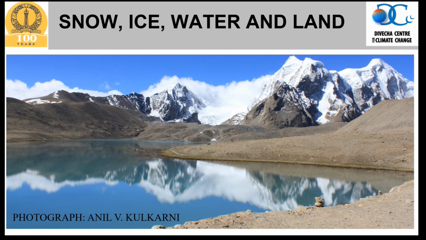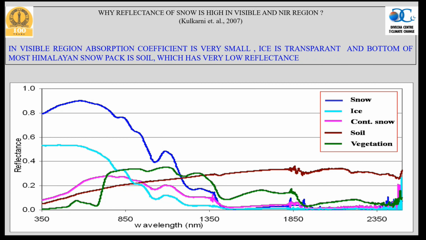On one hand, we have water, you have land, and you have snow. They look quite different, and obviously they will have different reflectance characteristics. We will try and look into that. So in the visible part of the spectrum, the reflectance of snow, you can see this is snow, is very high.